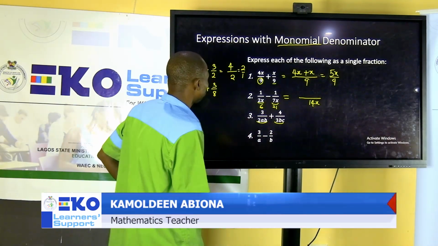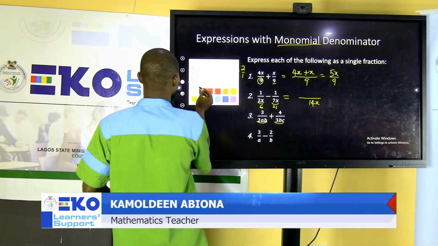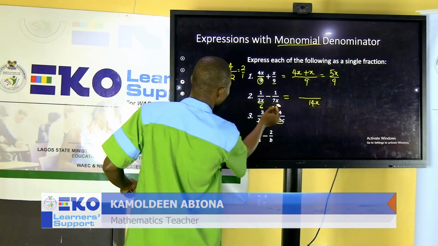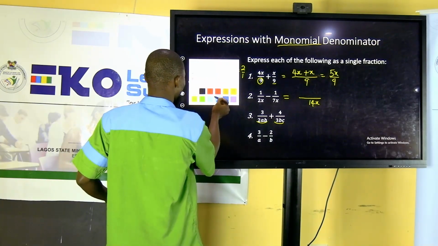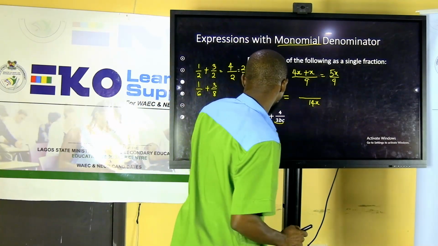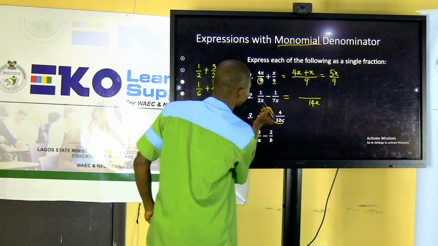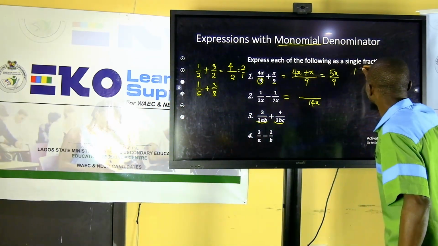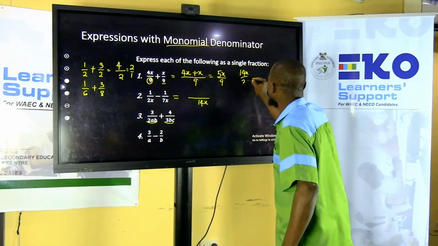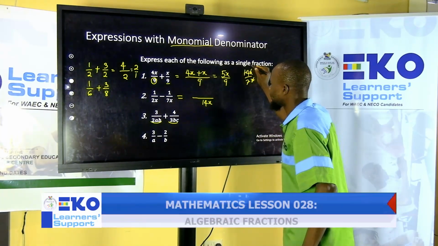All right? So in such a case, okay, let me clean this. All right, so let's see, 14x divided by 2x, that's 7.